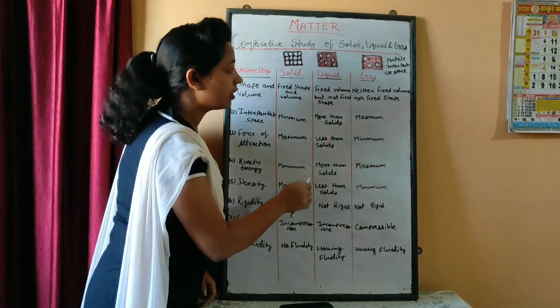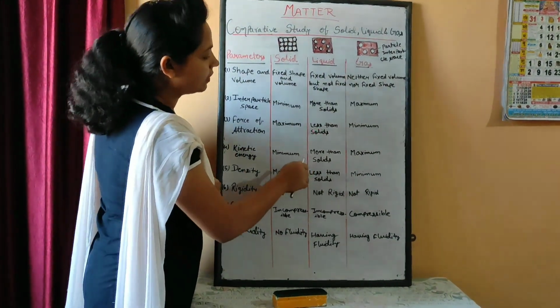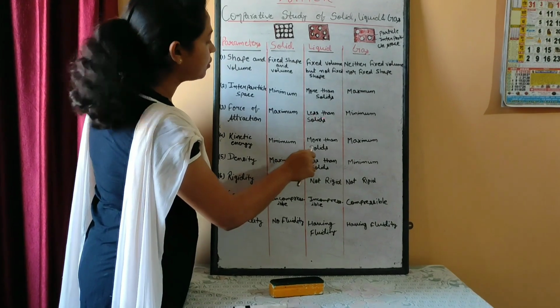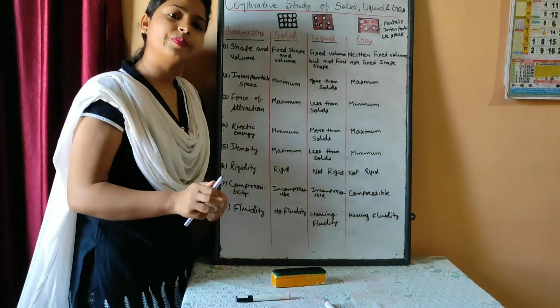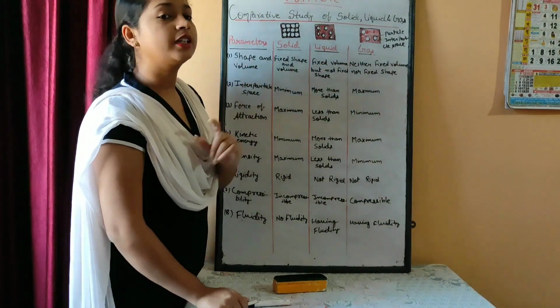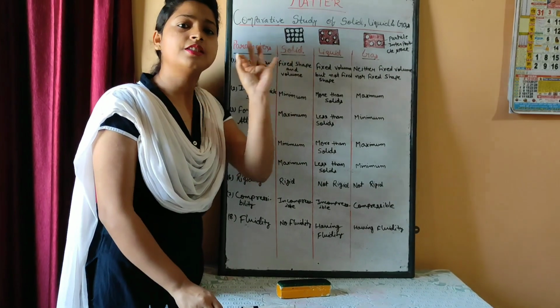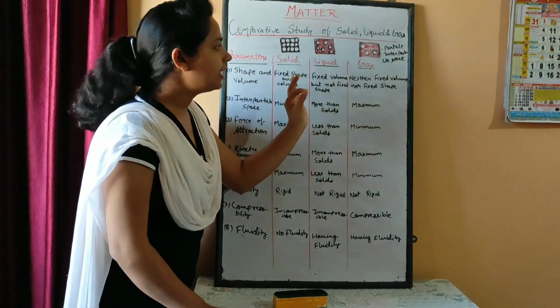For liquid, it is less than the solids. In liquid state, the force of attraction is less than the solid state, right? And if we are talking about the gaseous state, the force of attraction is least, it is minimum, right? Why is it minimum?